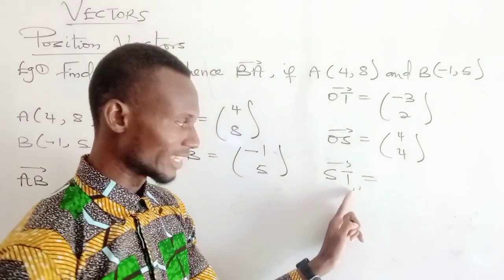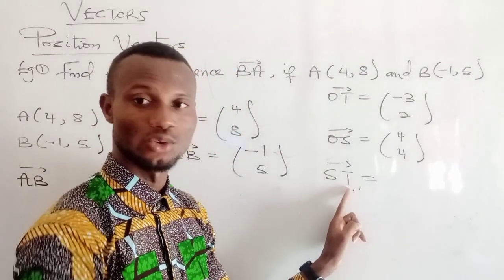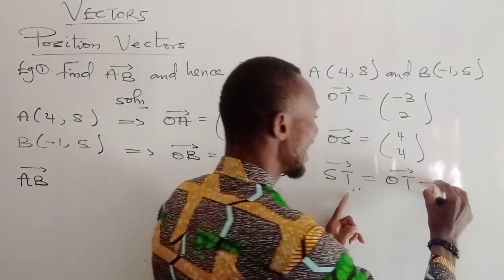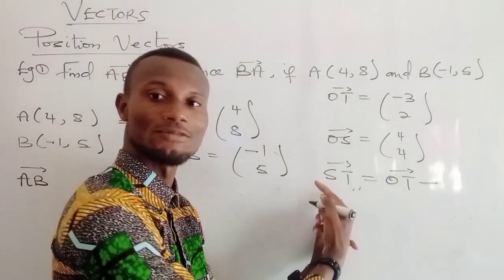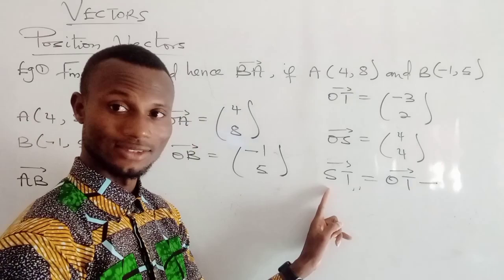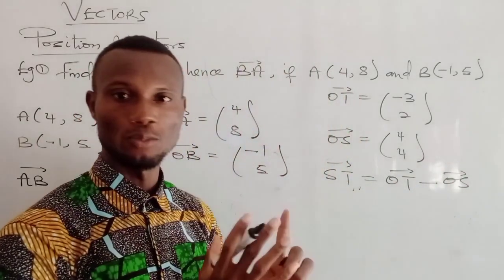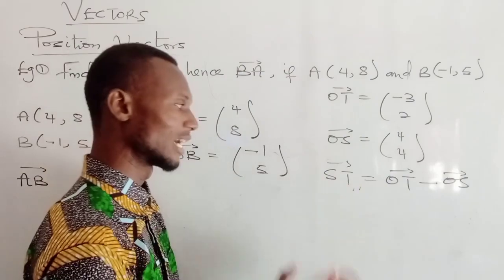So the position vector of this last letter, the T, is going to be OT, minus the position vector of the first letter, the S, which is OS. I hope you understand.